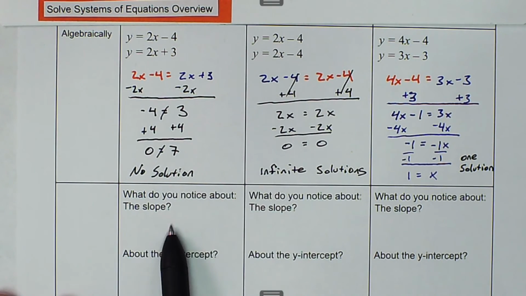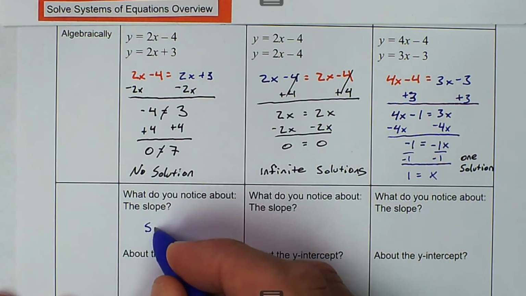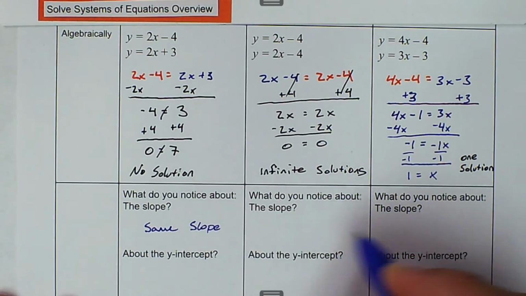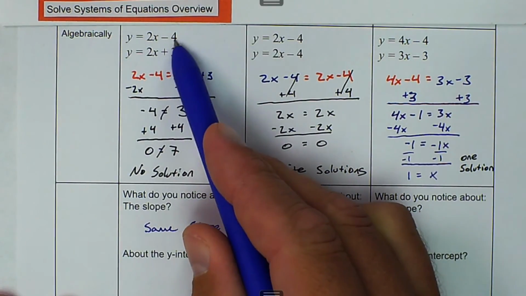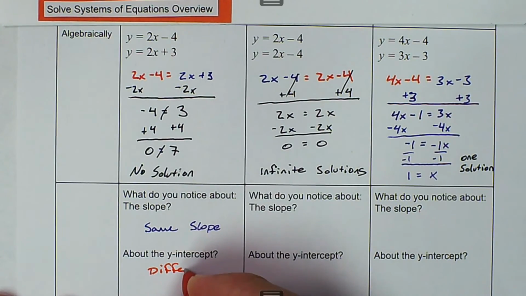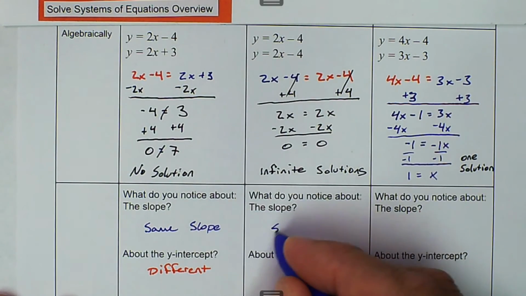So what do we notice about the slope? Well, in this case, the slopes are the same, so they have the same slope. And we notice that the y-intercepts are different. And then for infinite solutions, what do you notice about the slope? Same slope.